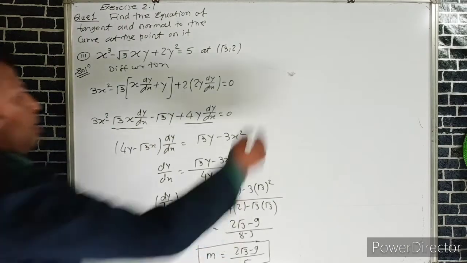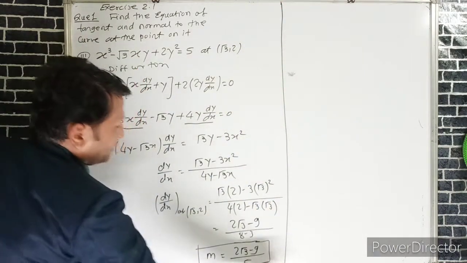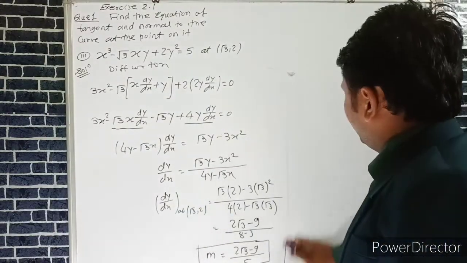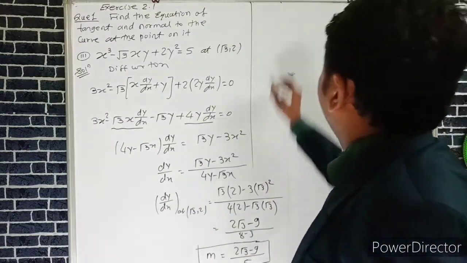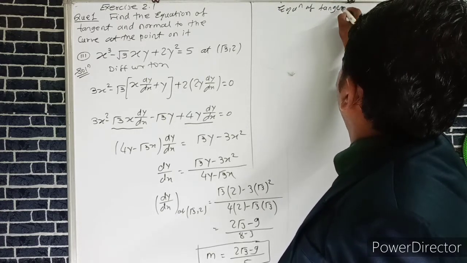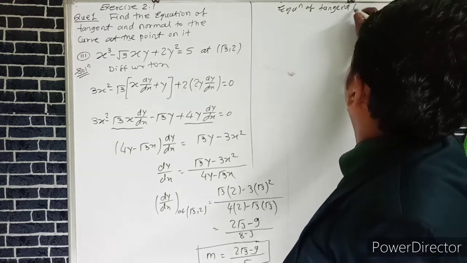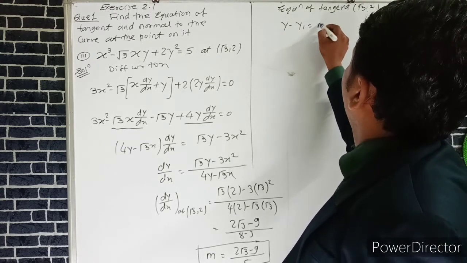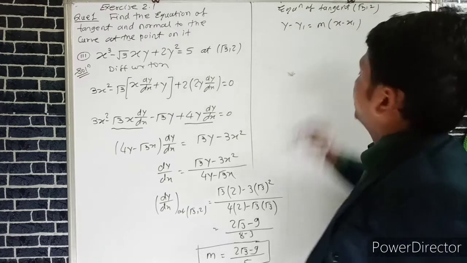Now from this slope we have to find the equation of tangent and the equation of normal. So here first we take the equation of tangent. The equation of tangent at (under root 3, 2) is y minus y1 equals m times (x minus x1).